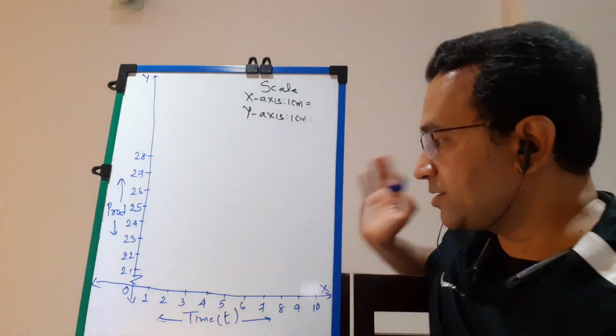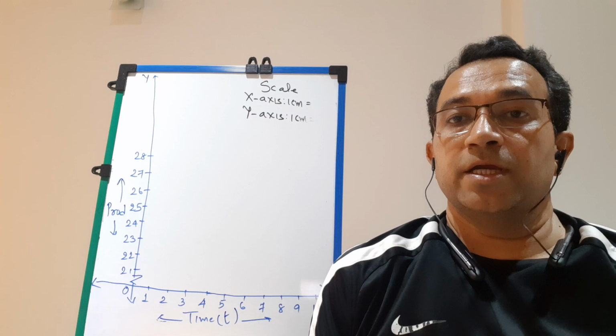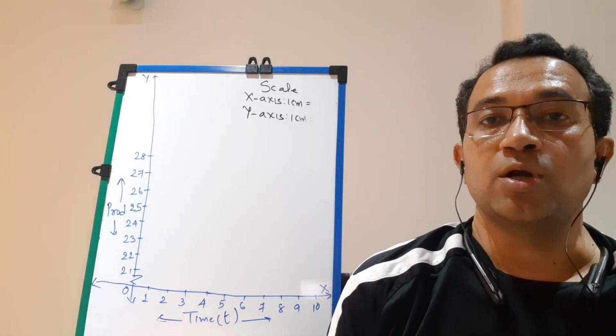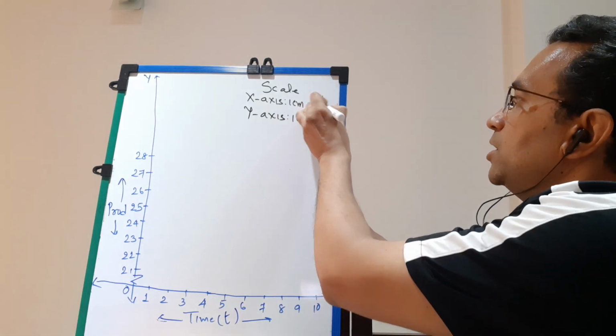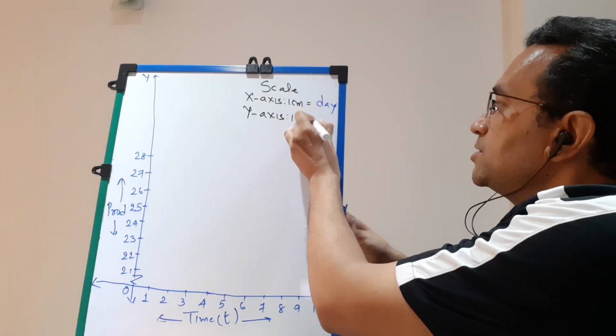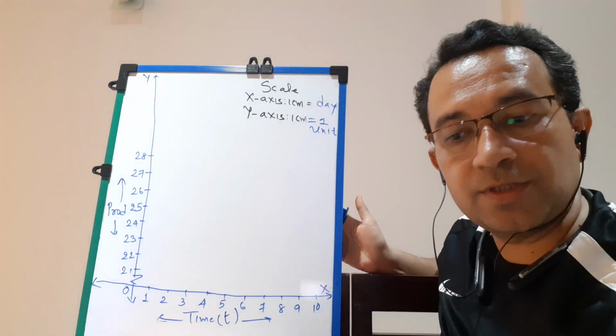This is y. This is the x-axis, students. Okay, now students, let us plot the pairs. On the x-axis 1 centimeter is equal to a day, and on the y-axis 1 centimeter is equal to 1 unit.